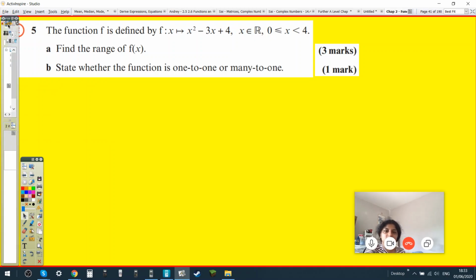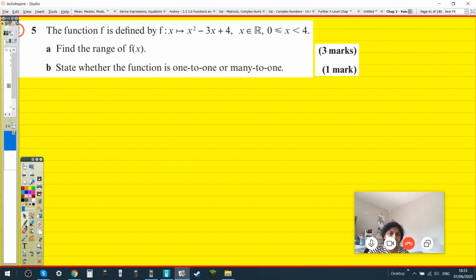Range. Calculator. Y is greater than or equal to 1.75.